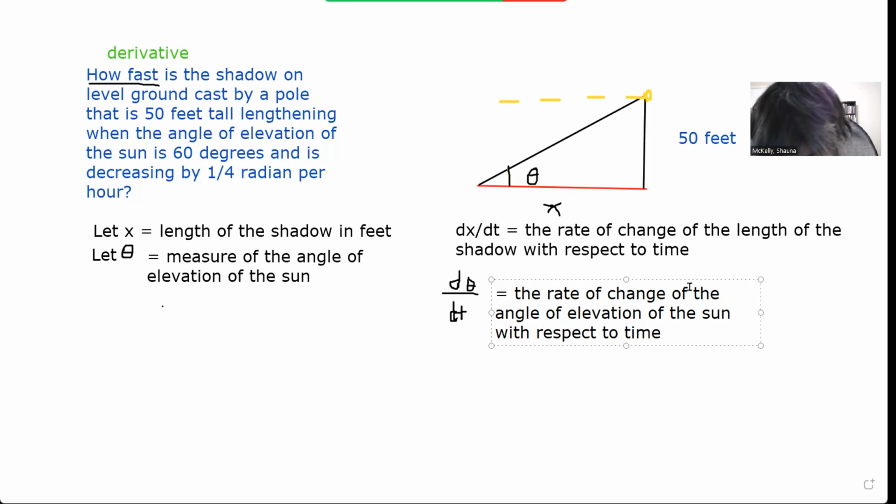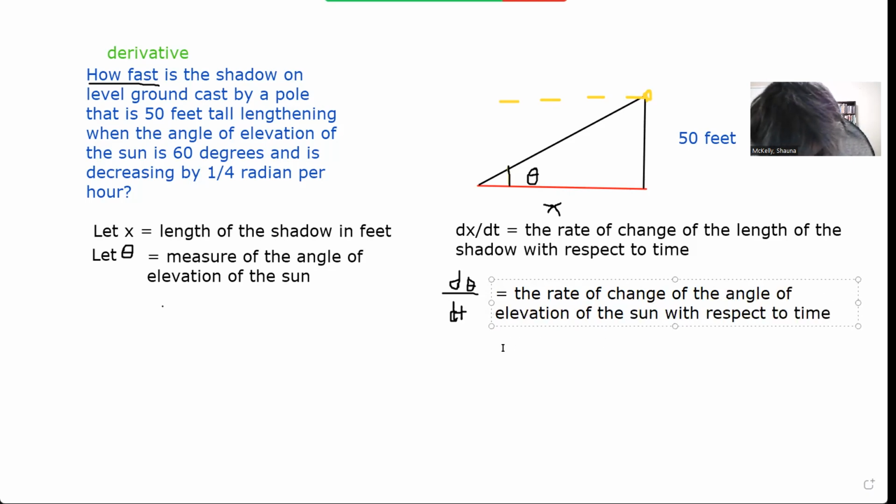So what I've done here now is I've set up my picture, I've set up my variables and my rates of change, okay?